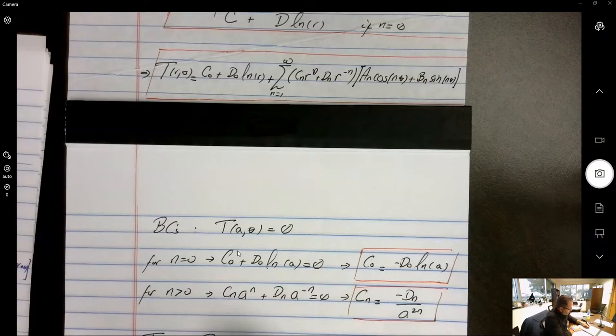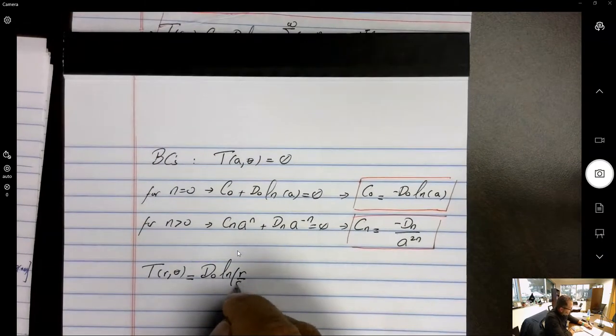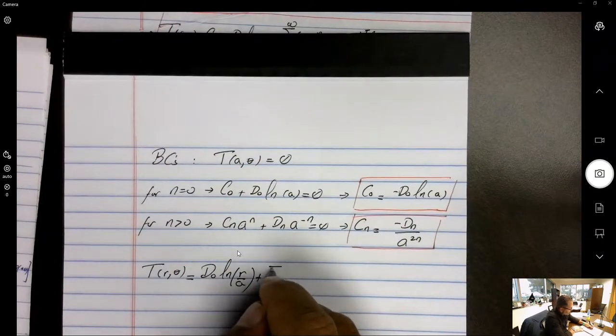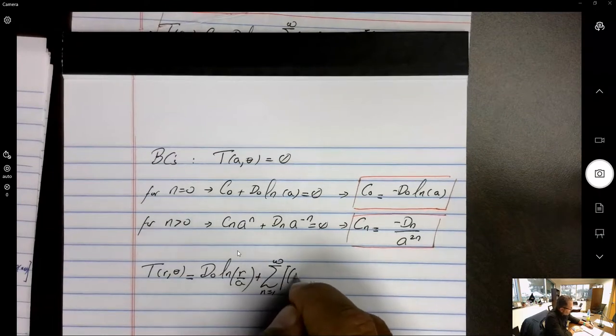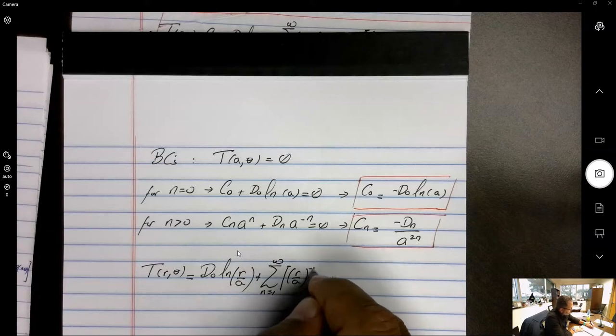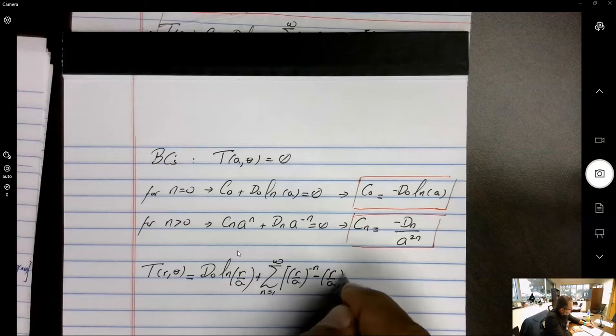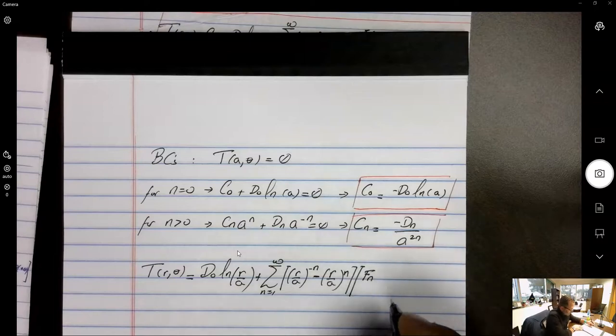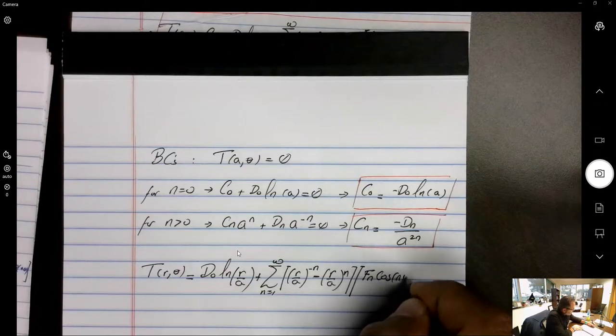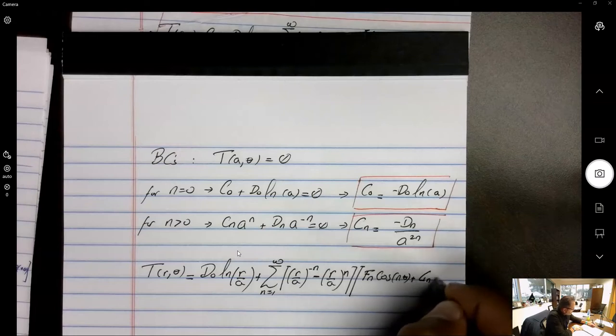So the solution looks like D0 times the log of r divided by A plus summation from n equal 1 to infinity of r divided by A to the power of minus n minus r divided by A to the power of n times, I'm going to replace this with a new constant F instead of A, cosine of n theta plus Gn sine of n theta.